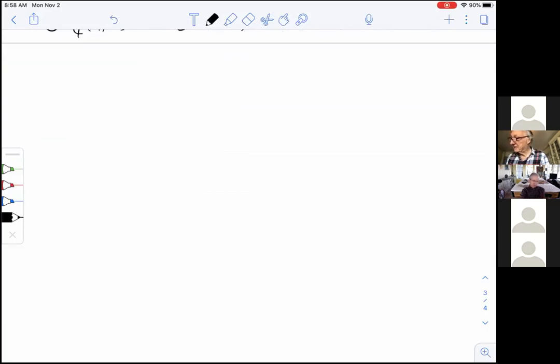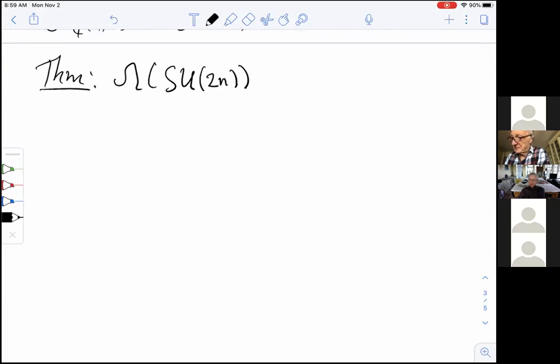Bott periodicity says the loop space on the special unitary group of, let's say, dimension 2n... Well, back up here. I'll state a finite theorem and then I'll state the infinite theorem.